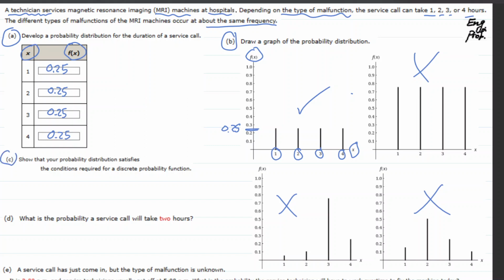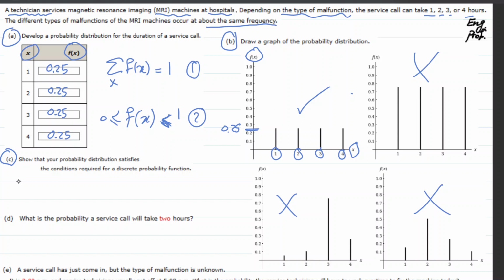Now, part C: show that your probability distribution satisfies the conditions required for a discrete probability distribution. Two main conditions are here. One, the sum of f of x over all x values should be equal to 1. And two, for any x, f of x should be less than or equal to 1 and greater than or equal to 0.